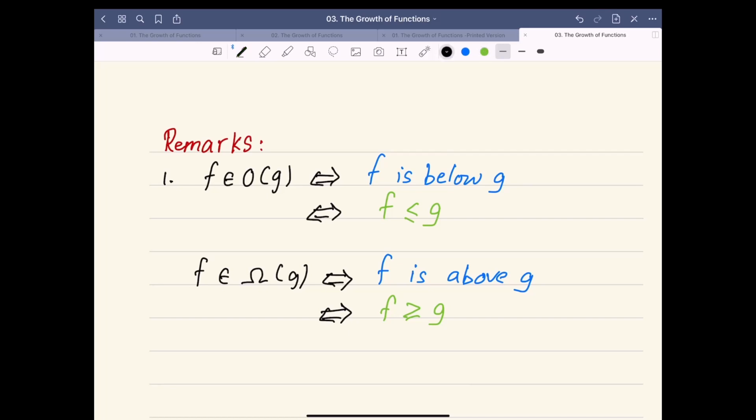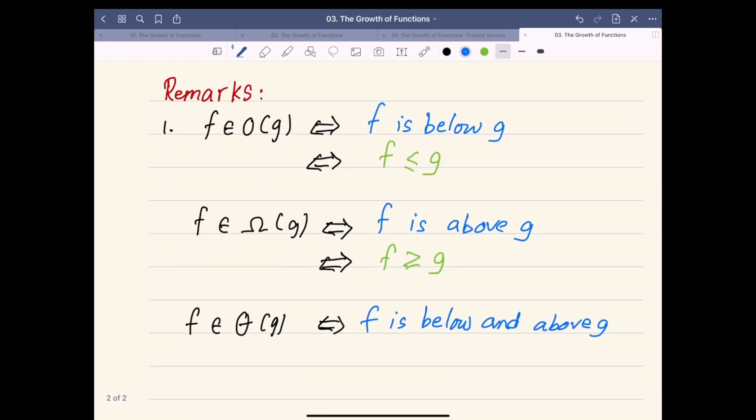And finally, f belongs to big theta of g is equivalent to saying, if we have their graphs, that f is below and above g. And if these are functions, then we say that f is equal to g.